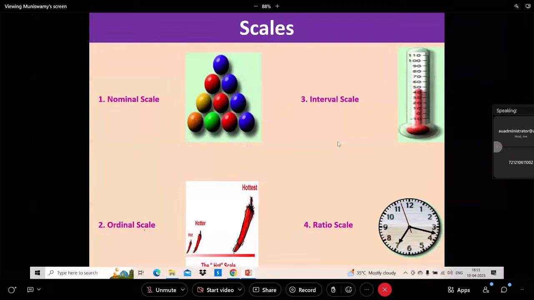But in the case of nominal, we are not applying any arithmetic or logical operators. For nominal, only percentages you can apply. Suppose gender is male and female. What is the total number of males and total number of females? Count you can apply, and also percentages.